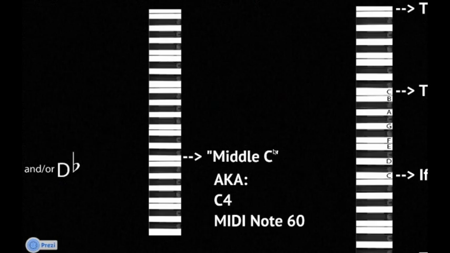Middle C is middle C. It's hard for us to find. It's relatively easy to find when you're sitting at a piano. Piano has a certain number of keys. Middle C is right in the middle. That's why we call it middle C. On our keyboards, we hardly ever have a full-size keyboard that we're working with.